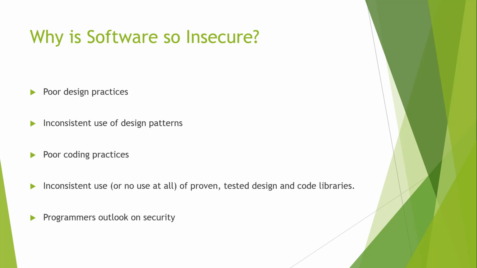Our book actually discusses poor design, inconsistent use of patterns, poor coding practices, poor coding best practice utilization, inconsistent use of the appropriate and proven test design, or it could just be that programmers don't have a good outlook on security. Again, not all programmers, this is just a general statement.